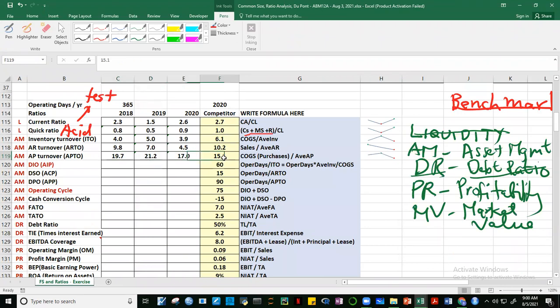Ito naman opposite guys, no? Ilang beses daw tayo after we buy, we pay yung payables. So tayo, itong 17 times, ang daming beses. Ang ibig sabihin yan guys, mas konti lang yung term na binibigay sa atin, credit terms. Samantalang si competitor, 15 times lang siya a year nagbabayad. Ibig sabihin, mas mahaba yung credit term na binigay sa kanya.